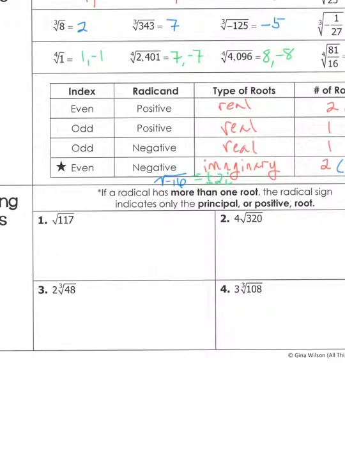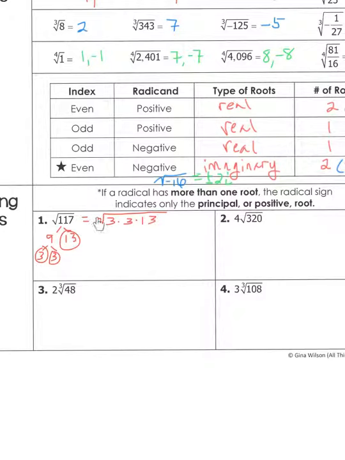So 117 is going to prime factor into, I know that 9 divides into there, and it goes in there 13 times, and 9 can be converted to 3 and 3. So underneath this radical, I really have 2 3s and a 13.